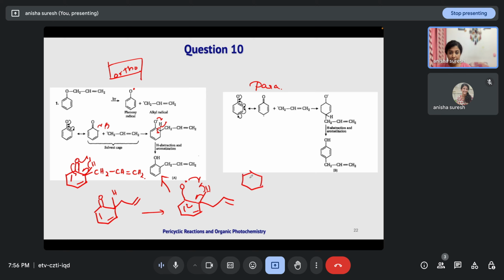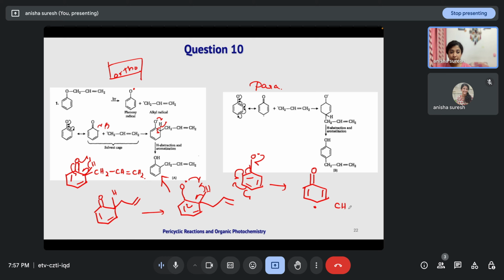Now how is the para shift taking place? We are having a phenoxy radical like this. It can rearrange in this fashion, leading to formation of this intermediate.